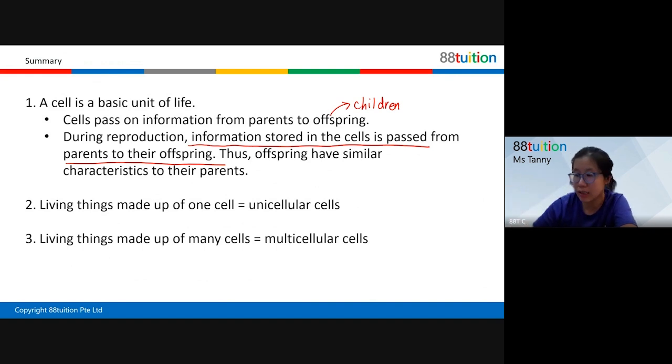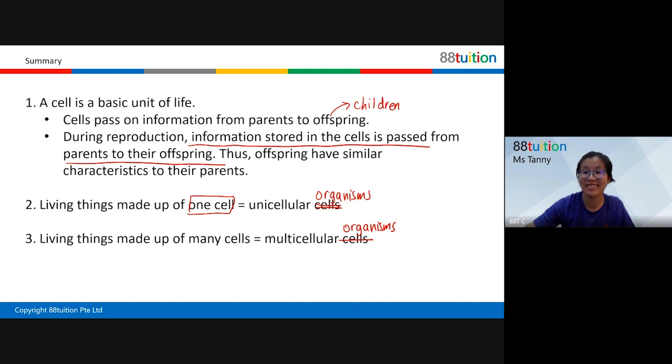Okay, cells. We have living things which are only made up of one cell. They are called unicellular organisms, or multicellular organisms. So as human beings, which one do you belong to? Unicellular or multicellular? What do you think?